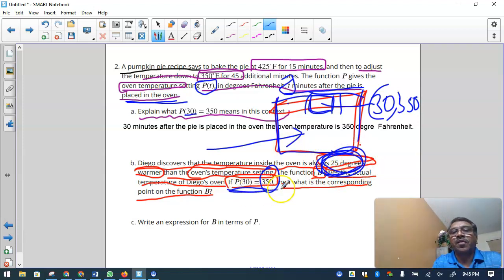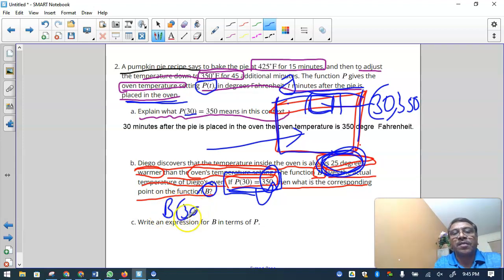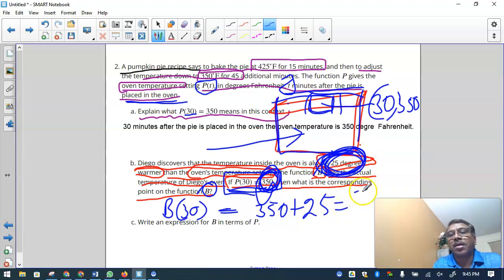That means B of 30 minutes after the pie is placed in the oven, the temperature will be whatever the setup is, 350, but then you have to add this 25 right here, which equals 375 degrees Fahrenheit. That's B of 30.